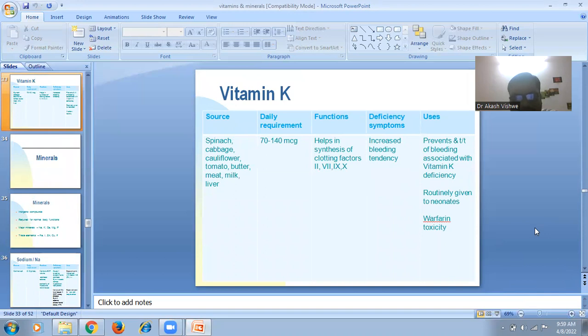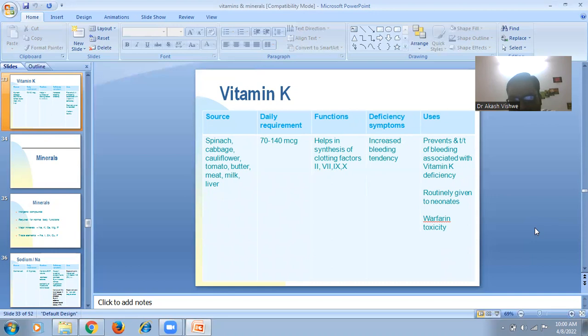Vitamin K helps in the synthesis of clotting factors, specifically factors 2, 7, 9, and 10. The deficiency symptom of vitamin K is increased bleeding tendency.